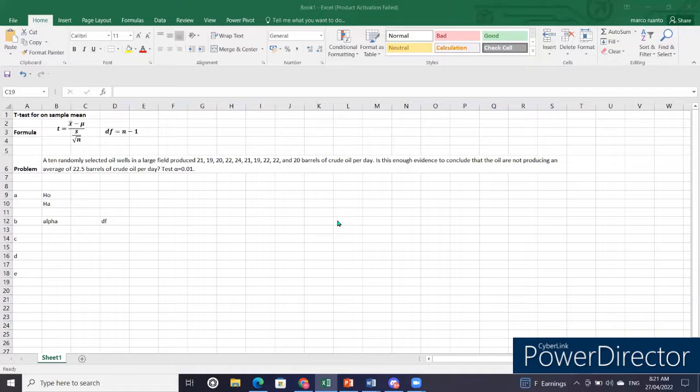Also, the number of samples that we have here is only 10: 1, 2, 3, 4, 5, 6, 7, 8, 9, and 10. So we have only 10 samples, and it's insufficient for us to use the z-test. Now let's proceed with the steps in solving this problem.